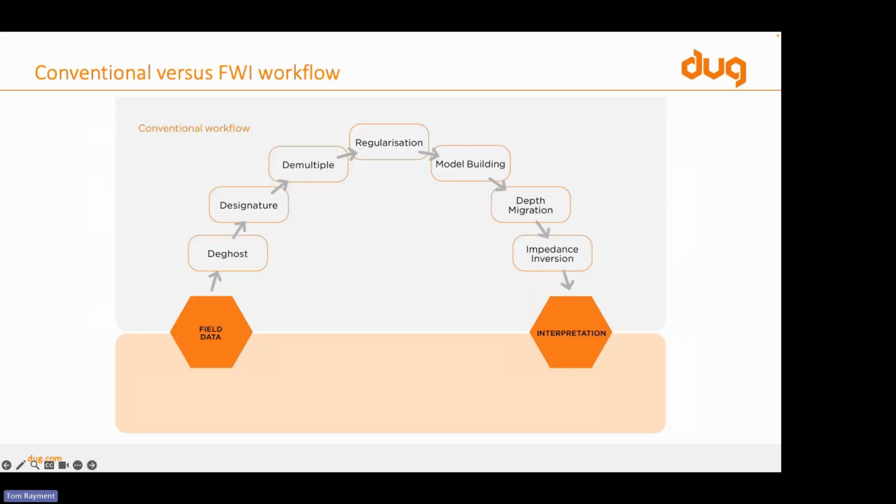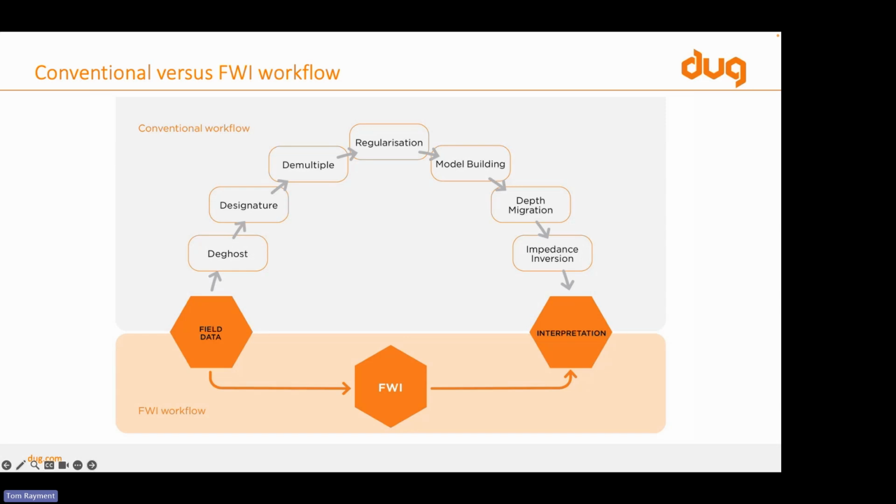And that's very interesting if we can do that, because it means that we can go from the field data to an interpretable product without having to go through that traditional processing workflow. And that means we have the potential to reduce project turnaround times, since we've bypassed many of those manually intensive and serial steps, each of which takes many hours or many days to test and apply.